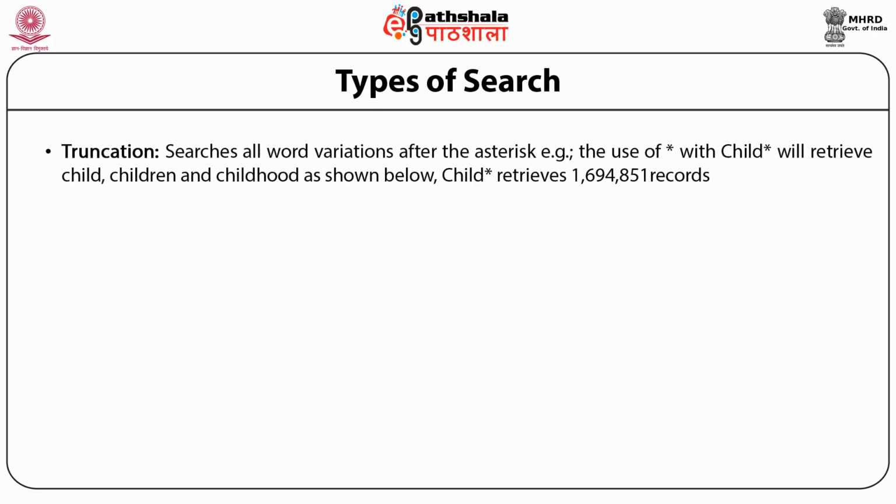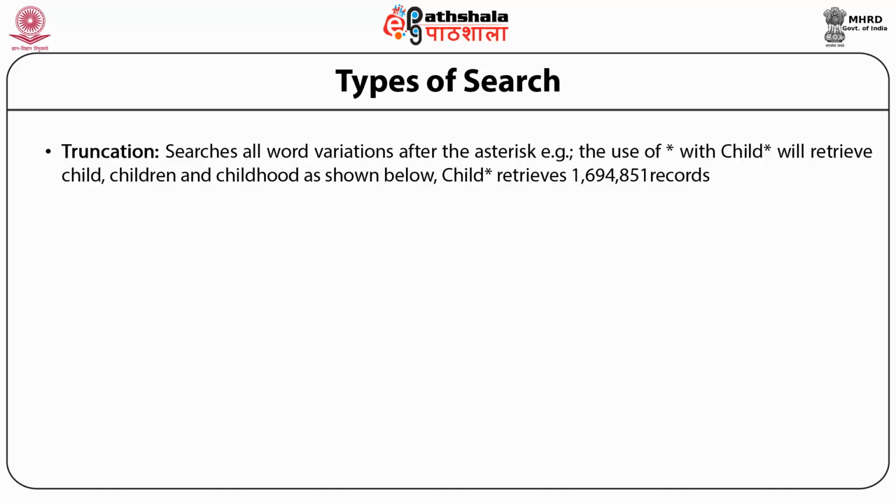Coming to the truncation. So truncation is the process of using an asterisk mark while searching. The purpose of truncation is to broaden the search results. Through the use of truncation at the root of the word, the search tool searches all word variations after the asterisk. Example, the use of child asterisk will retrieve child, children and childhood.